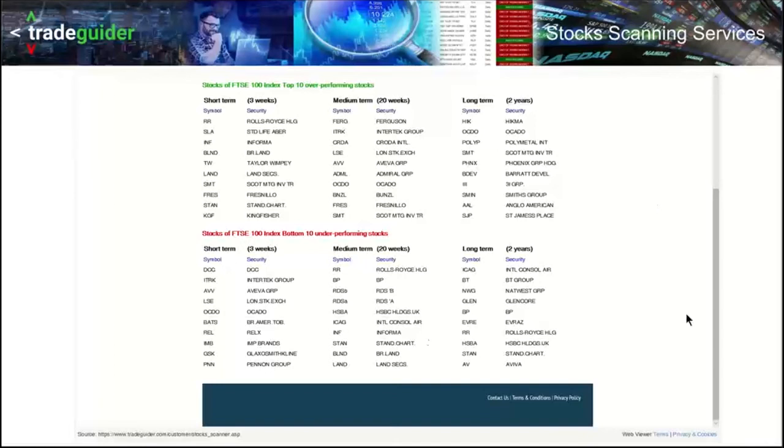And this is what you are getting here. So what we are providing to you is the list of top 10 overperforming and bottom 10, sorry, underperforming stocks.